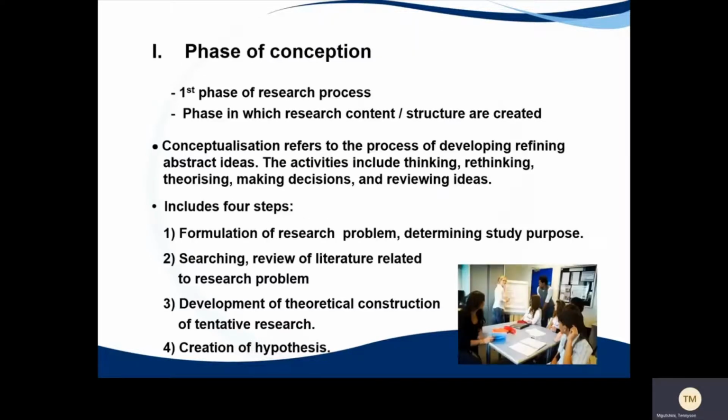And in this, you see that we talk about the 4 steps of conception, the first part of the research process, where you formulate your research problem, you determine the purpose of your study, you search and review literature related to the research problem. And that is step 2 of this phase of conception.